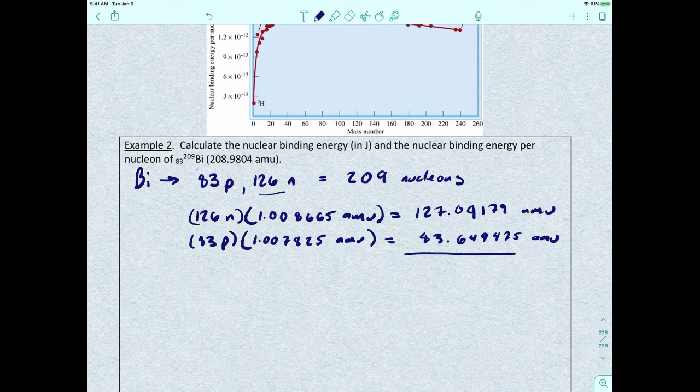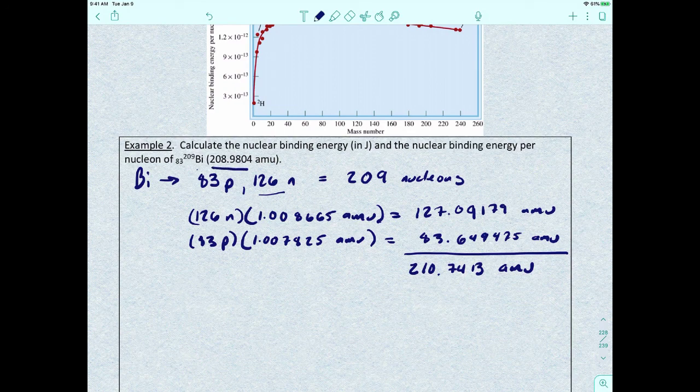Now, if we add these two numbers together, 127.09179 plus 83.649475, that gives us a grand total for the masses of everything, 210.7413 AMU. So that's the mass of all the protons and all the neutrons inside bismuth-209.